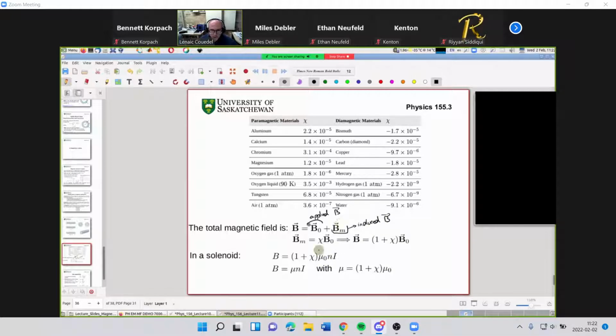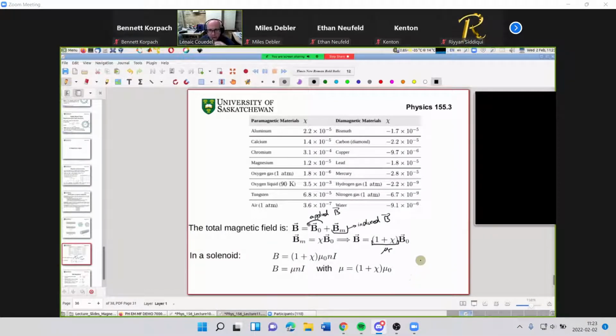The induced magnetic field is proportional to the applied magnetic field through this constant chi. Therefore, you can rewrite the total magnetic field as B equals (1 + chi) B0. And this 1 plus chi here is what we call the relative magnetic permeability, mu R, and is equivalent to kappa that you've seen for capacitors in the electricity part.